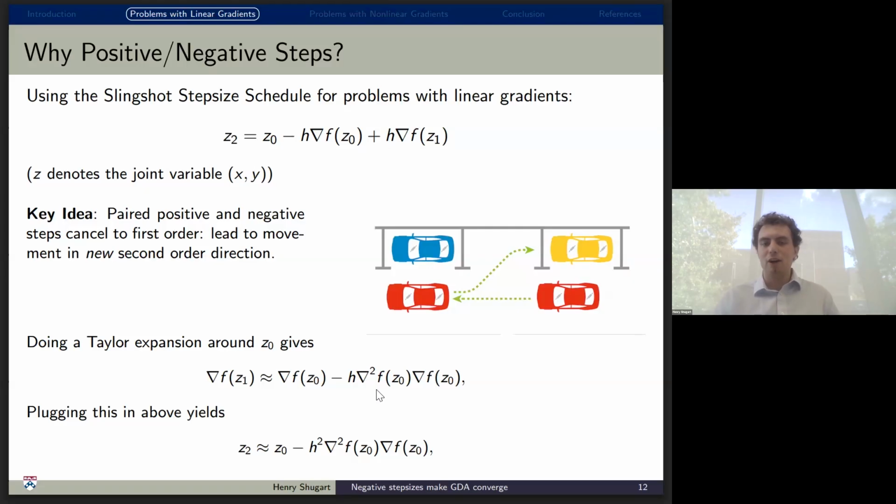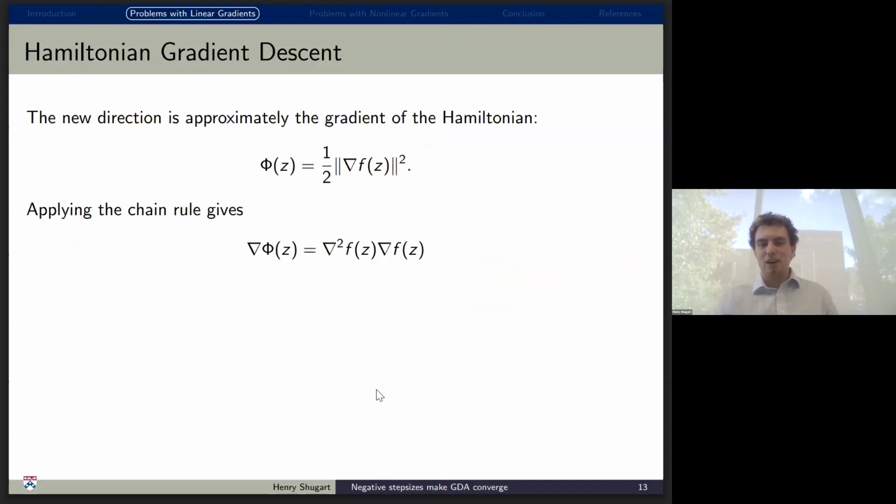On its face, this might not be a particularly interpretable quantity, but in fact, this is the gradient of the Hamiltonian function. So the gradient norm squared, 1/2 times it, but the Hessian gradient product that we were seeing in the previous slide is in fact the gradient of phi.